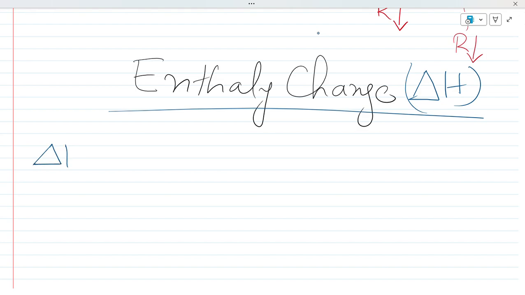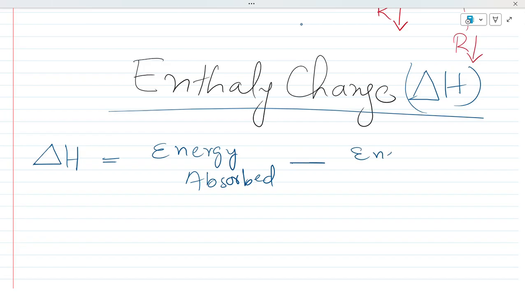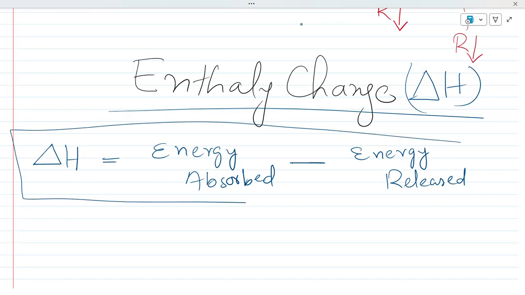So we can calculate enthalpy change simply by energy absorbed minus energy released. Energy absorbed during the chemical reaction is mostly on the left hand side of the equation, the reactant side, minus energy released. It is just the subtraction of these two energy values, and you will have the delta H for the chemical reaction.